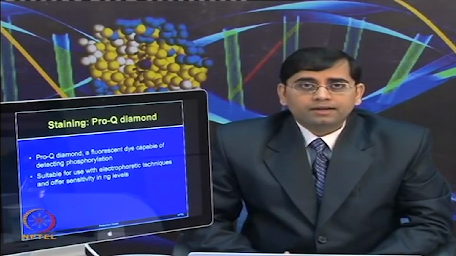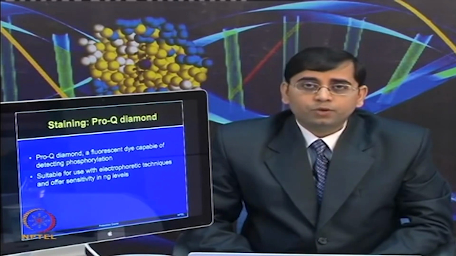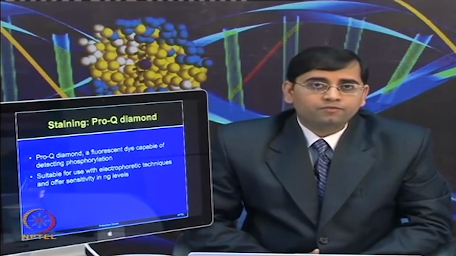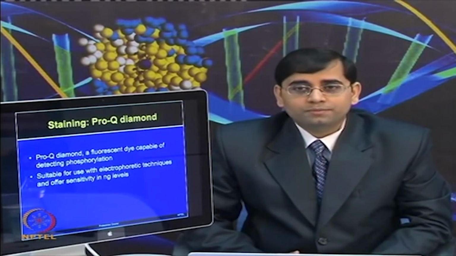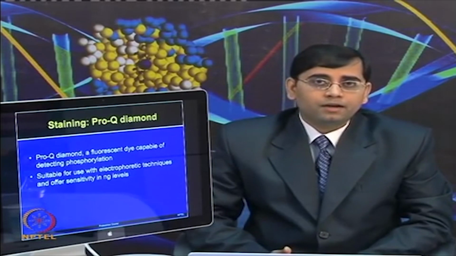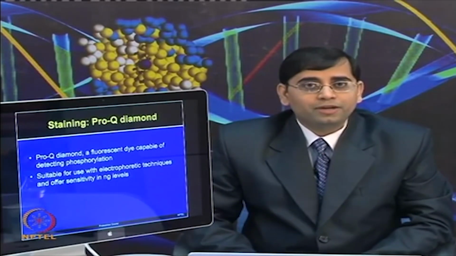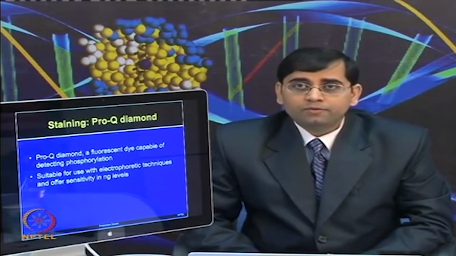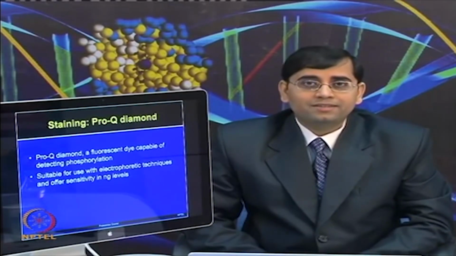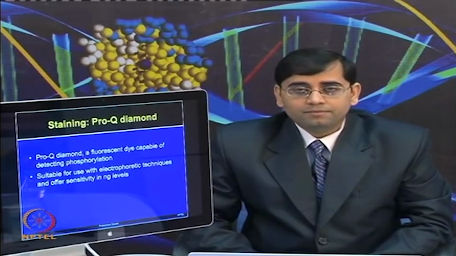Now, let us say you want to look at the post translationally modified forms of the protein, but after that you would also like to know which proteins they belong to. You would like to do mass spectrometry on these. So, often it becomes very difficult if you have just done the Pro-Q diamond on one gel.